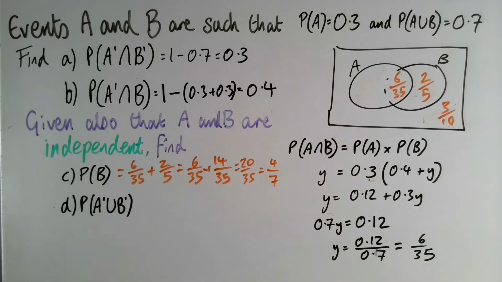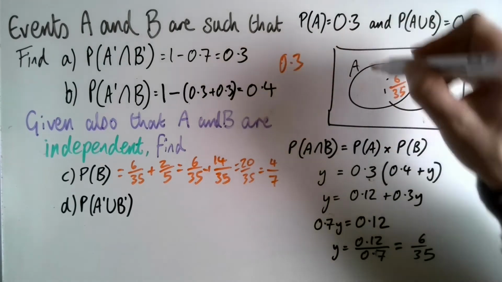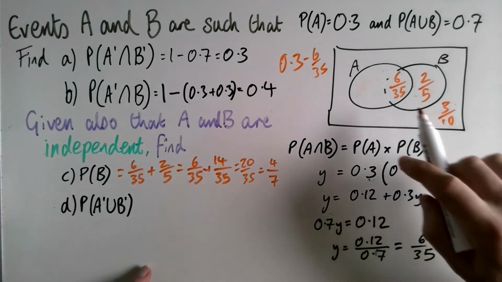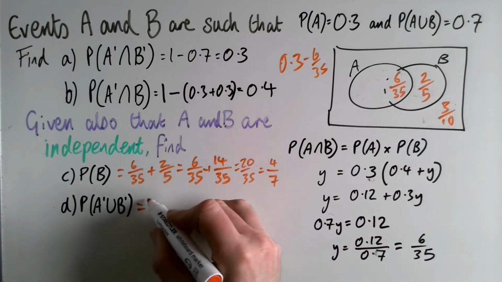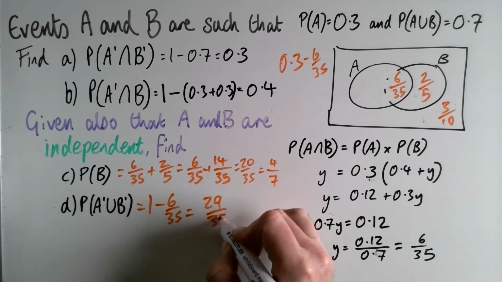So 4/7 is our answer to the probability of B. And in order to work out the probability of not A or not B, that means everything apart from 6/35, we can either work out what that is, or by doing 0.3, because that's the probability of all A, take 6/35, or we could just say it's going to be the same as 1 take 6/35, which is 29/35.